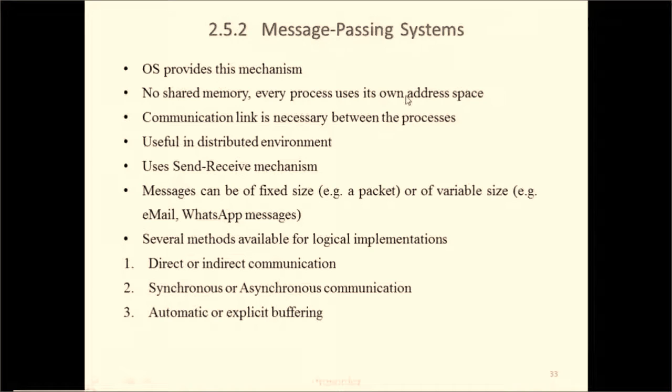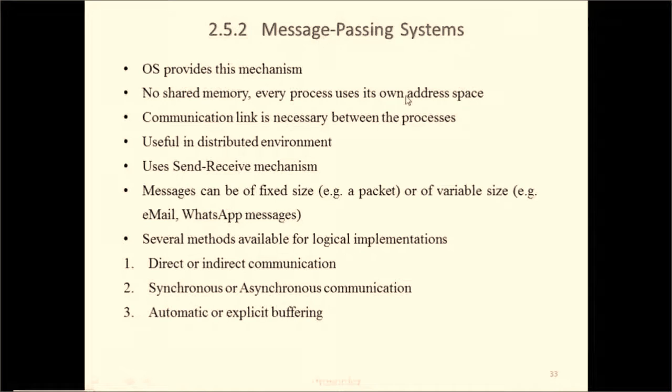Now, I would strongly recommend you recall WhatsApp. Almost everybody is now habitual of using WhatsApp. WhatsApp is one of the best examples of message passing systems. Even Facebook falls under the same line.